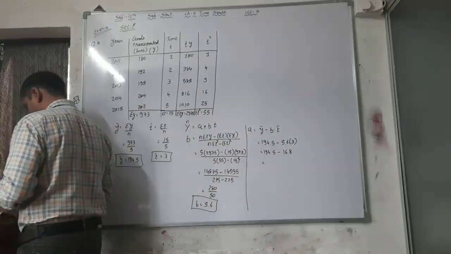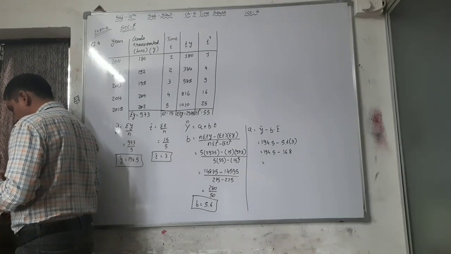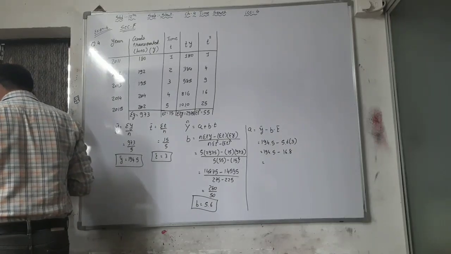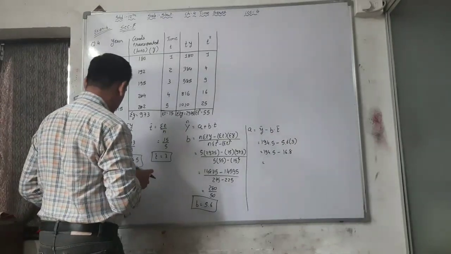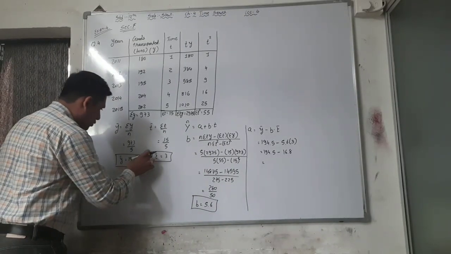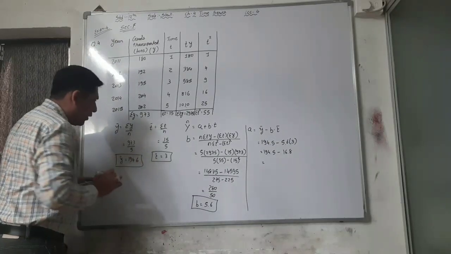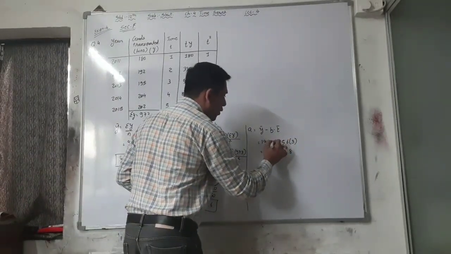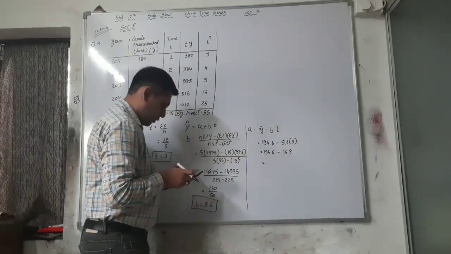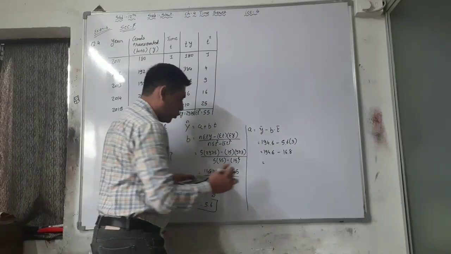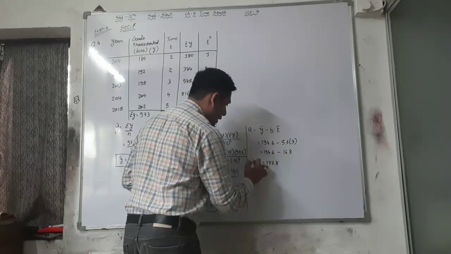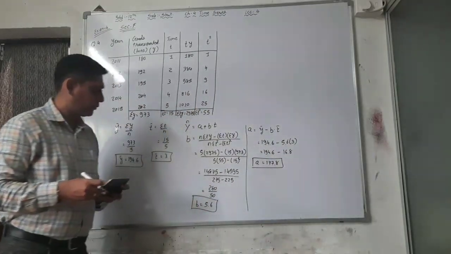So 194.5 minus 16.8 is equal to 177.7. 973 divided by 5 is equal to, sorry, here 194.6. So here we have to write 194.6 minus 16.8 is equal to 177.8, is your a, right?